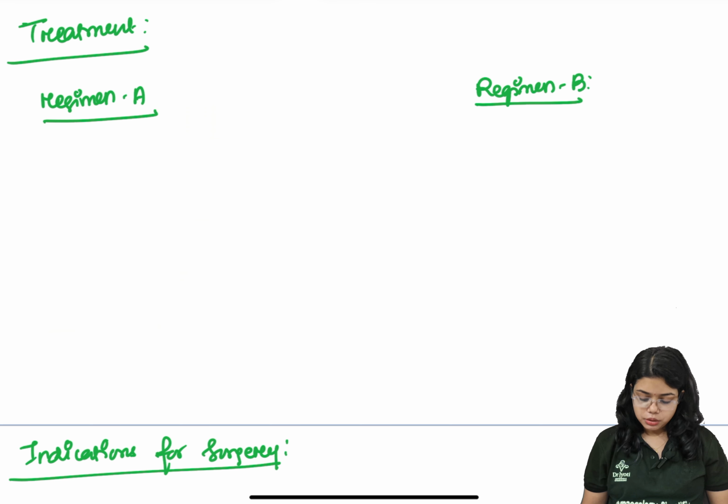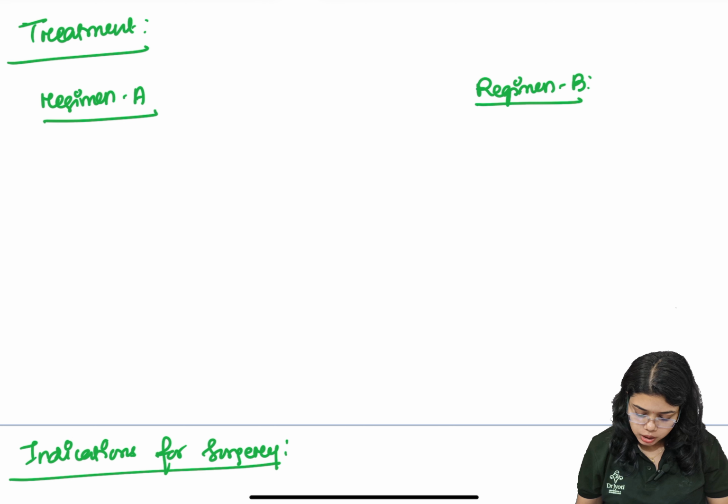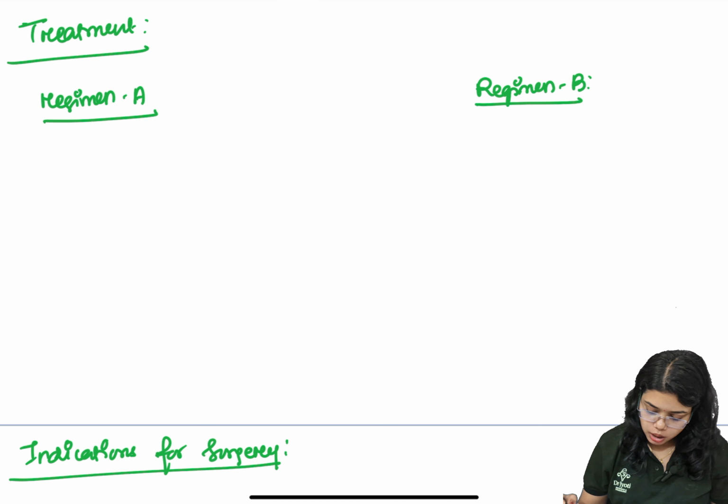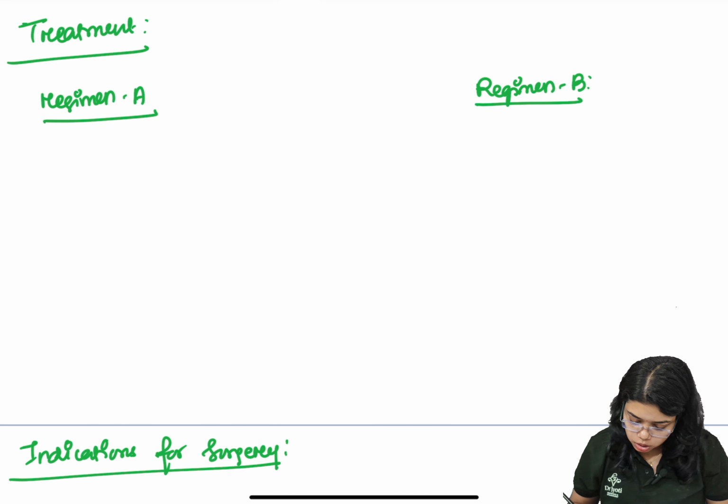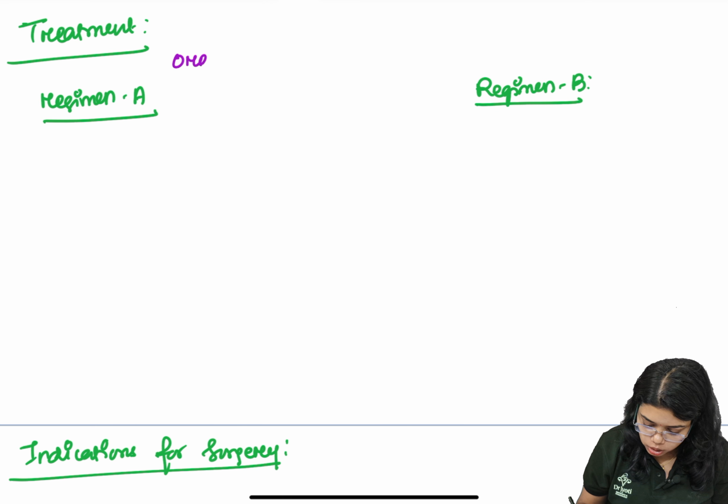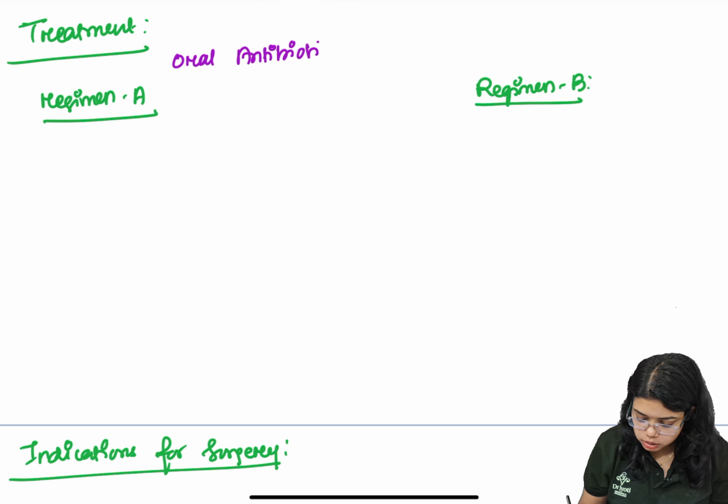Okay. Now coming to the treatment, we can give regimen A or regimen B. First we give the oral antibiotics, as I told you earlier, for 14 days.